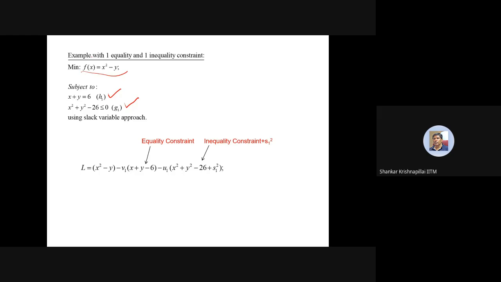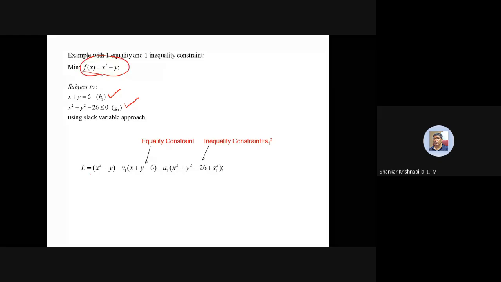Okay, so this is the equality constraint. And the inequality constraint will come here, like this.